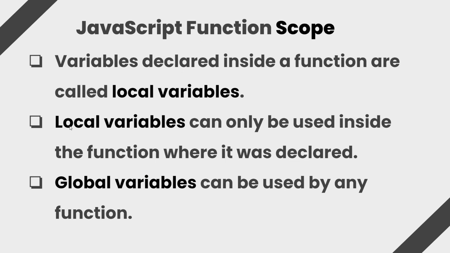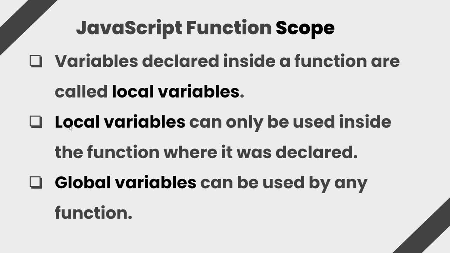So lastly, we have JavaScript function scope. The function scope here is one of the scopes we have in JavaScript. And in this function scope, variables declared inside a function are known as local variables.